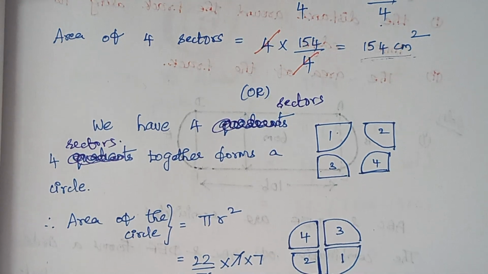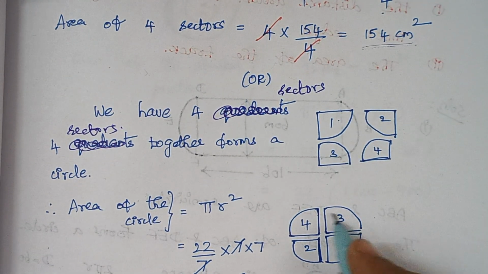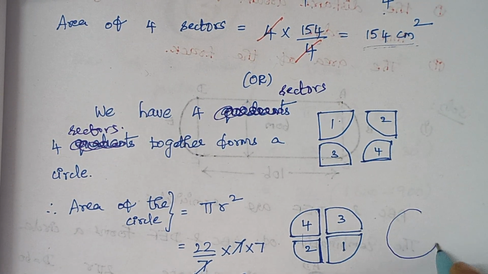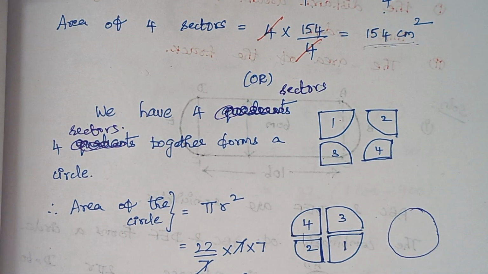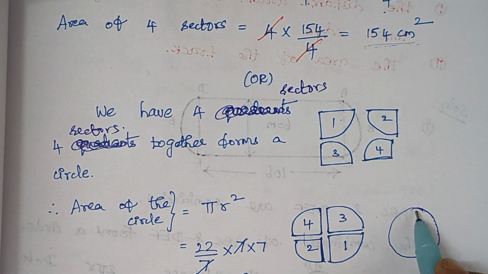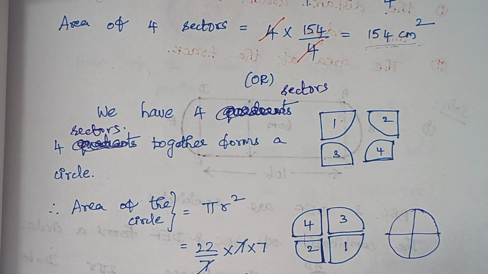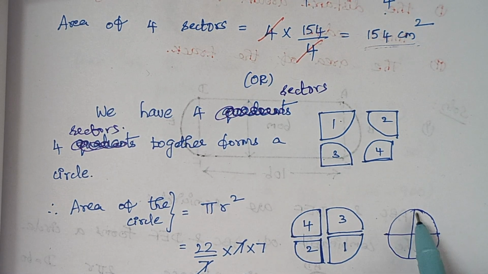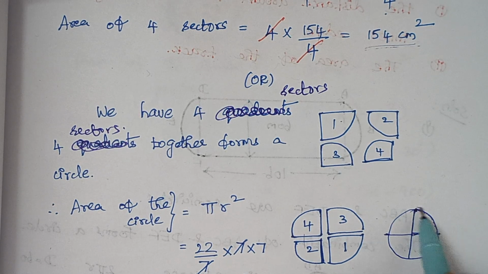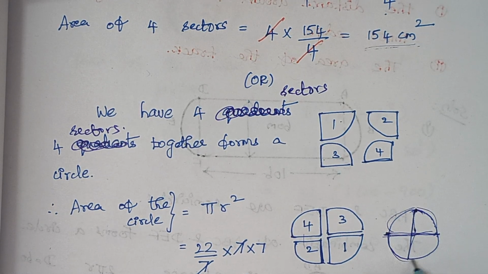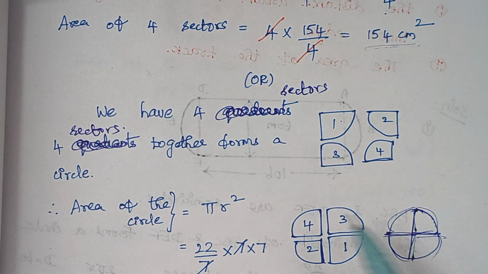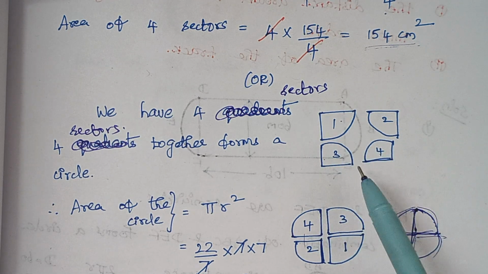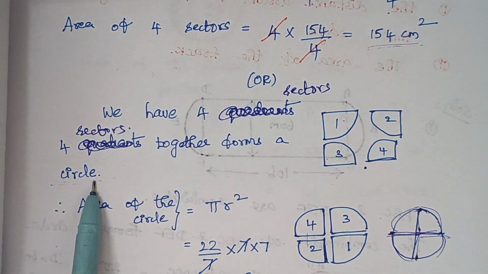When you arrange them properly, these four sectors together form a circle. Say yes or no, because a circle has four quadrants, or even you can say four sectors. This is one sector, this is one, and this is one, and this is one. As we combine all the four sectors, they form a circle.